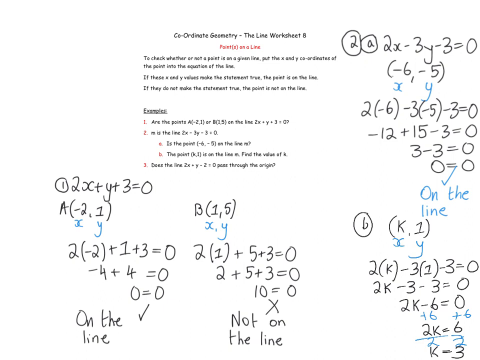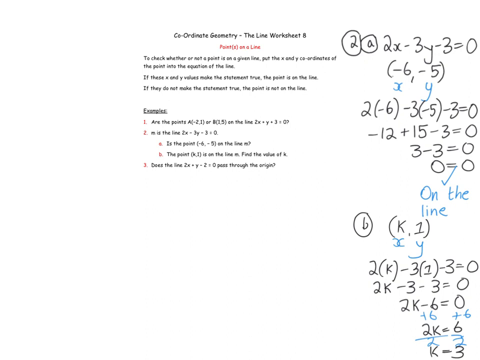So that's question 1 and question 2 done. Question number 3 then says, does the line 2x + y - 2 = 0 pass through the origin? And the origin is (0, 0). So what we have here is x, y, and we sub that in.